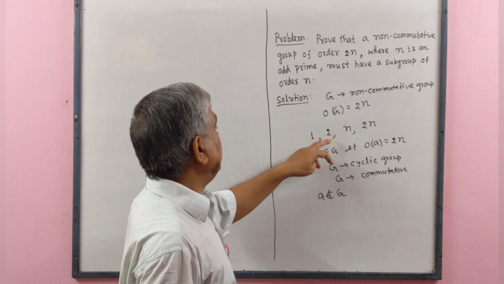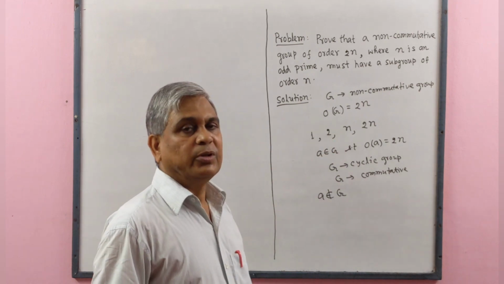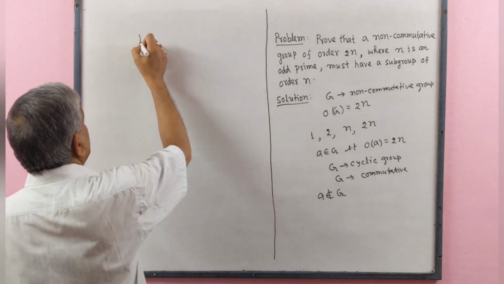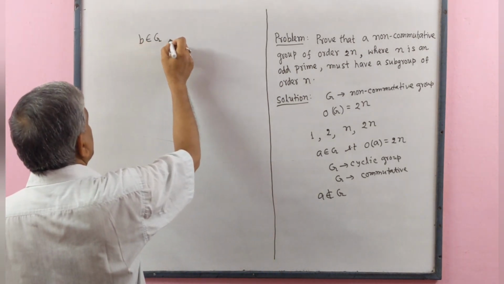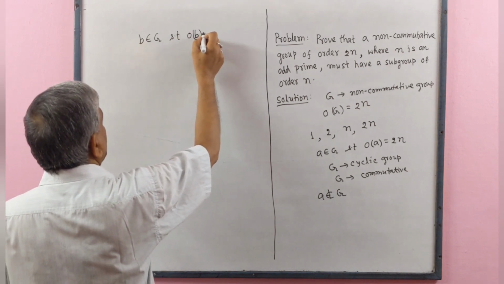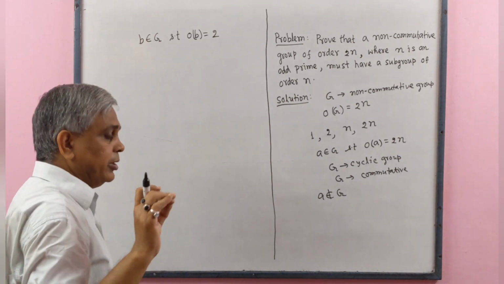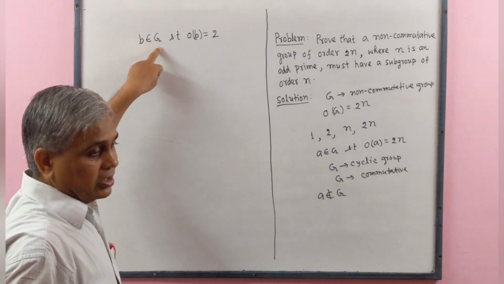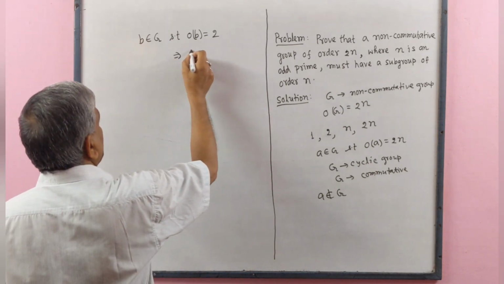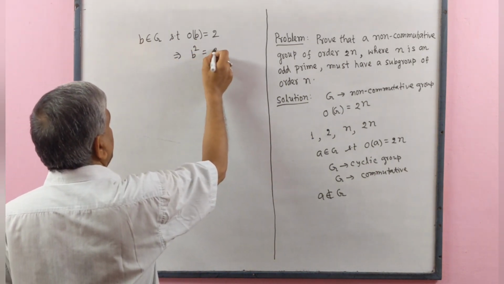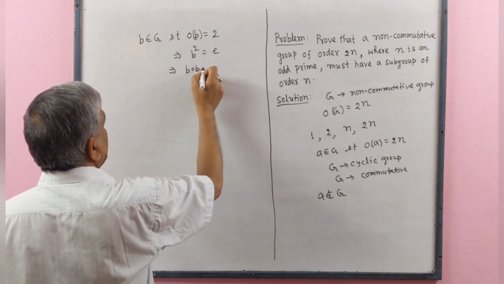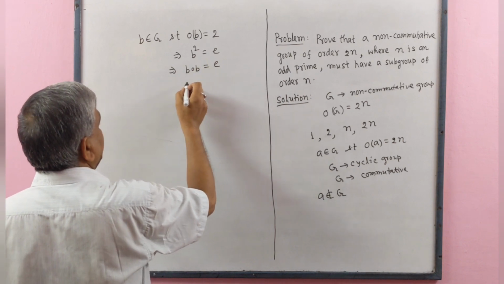Let each element of the group be of order 2. Let b belong to G such that order of b equals 2. b be any element of G. This means b square equals the identity element, which implies that b operation b equals the identity element.